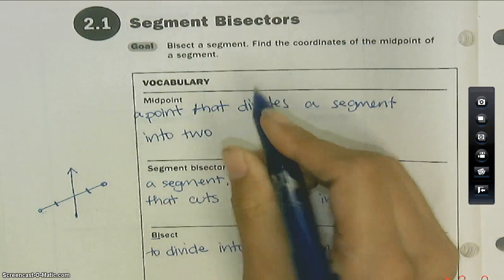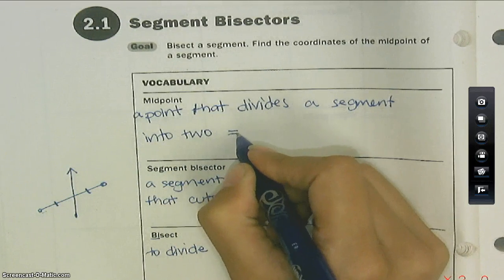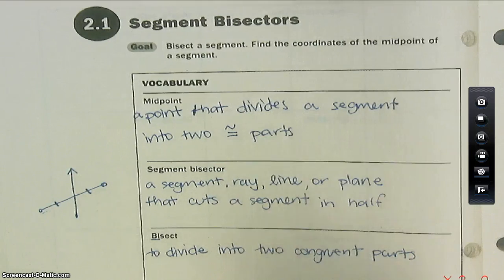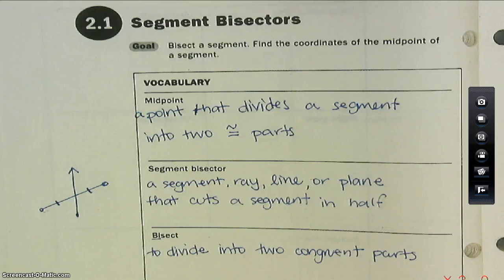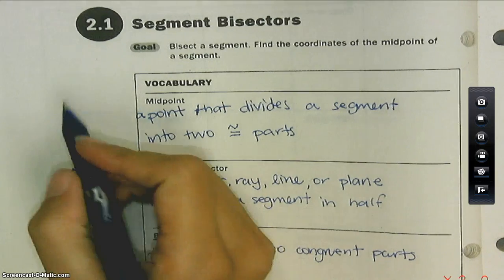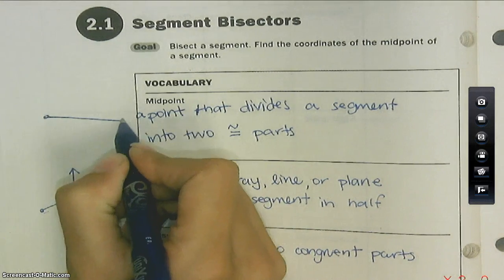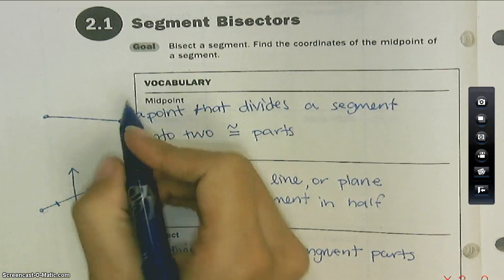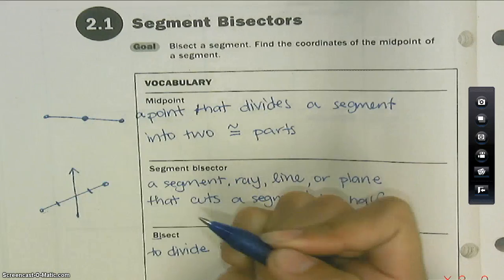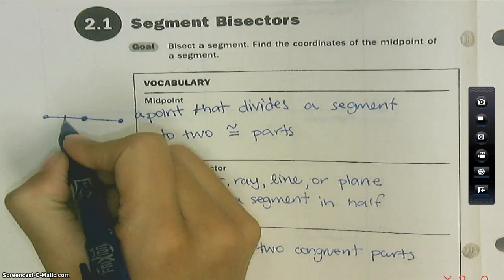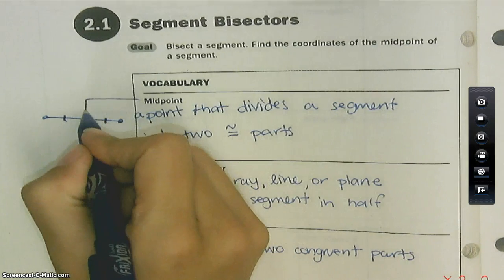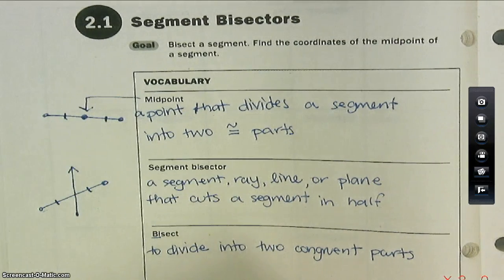It's right in the middle. Remember, congruent means the same or equal. So same length. So it's very similar to our other picture. We've got a segment, but now instead of a ray cutting it in half, it's just a point that's right in the middle. So once again, we use tick marks to show that it's directly in the middle.